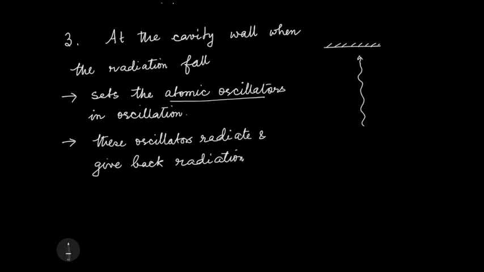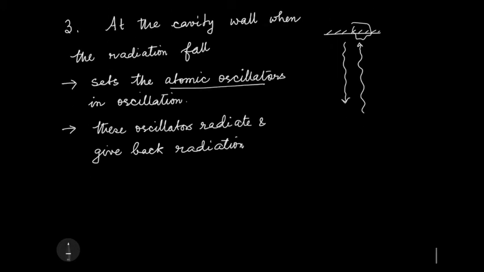So what's happening? I have, say, this is my cavity wall. Some radiation falls on it. The atomic oscillators in the cavity wall start to oscillate, and after some time, they will radiate back. So that's how the reflection is happening. Okay.